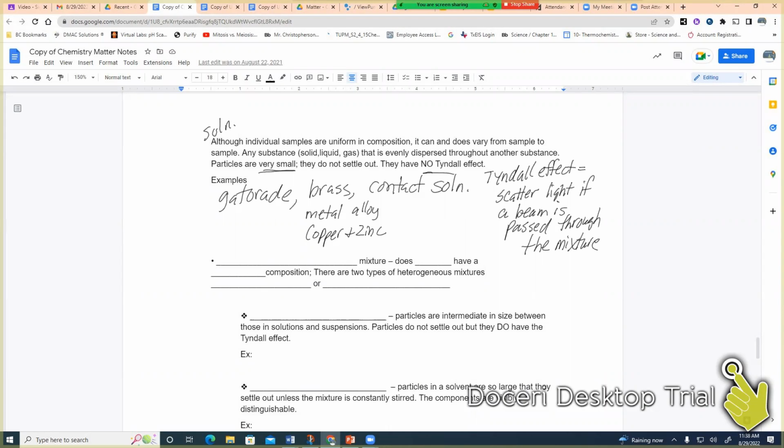All right. Then we have colloids. Oh, no, before I jump the gun. Heterogeneous. So a heterogeneous mixture. The mixture does not have a uniform composition.